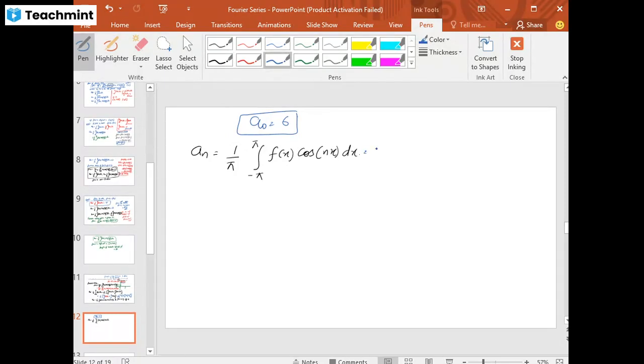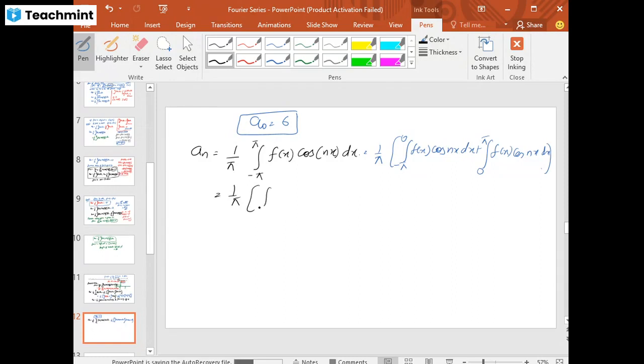Again, we are going to split the integral as minus pi to 0 f of x into cos of nx dx, and 0 to pi f of x into cos of nx dx. So this is equal to 1 upon pi integral minus pi to 0.